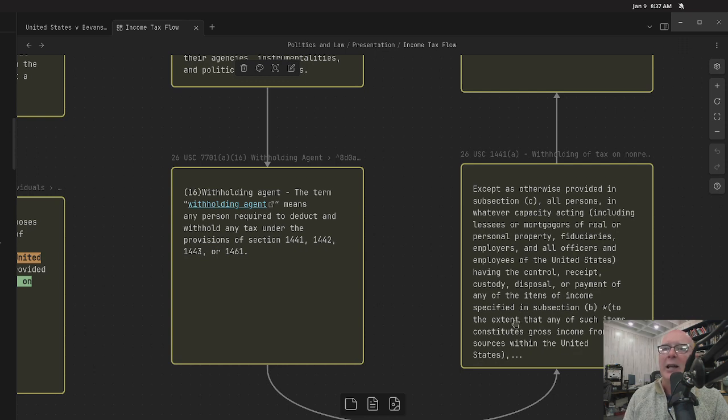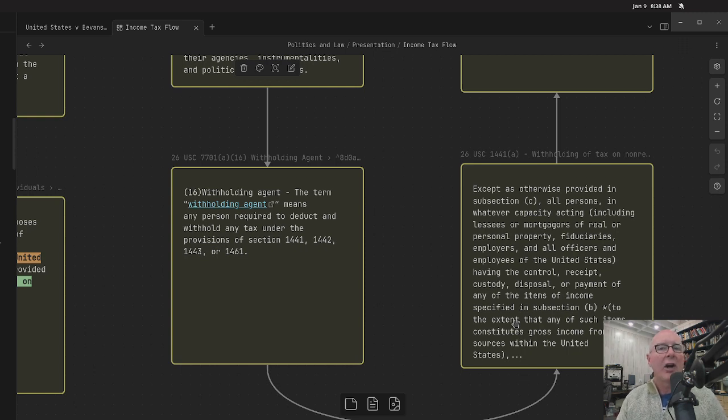So again, they are specifically saying that even if I fit all of these other things, I'm only required to withhold money that is coming from within the United States. When I pay my employees, I do not pay them from money coming from within the United States. It did not come from the District of Columbia.